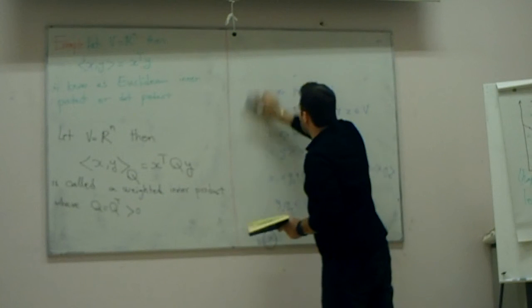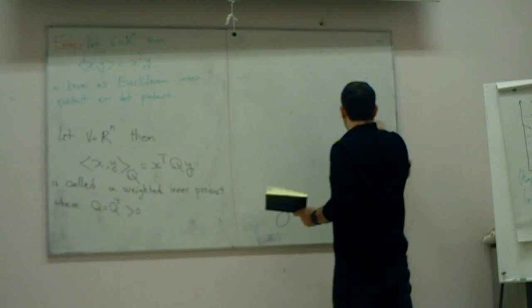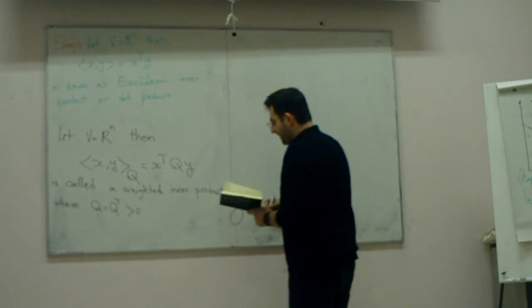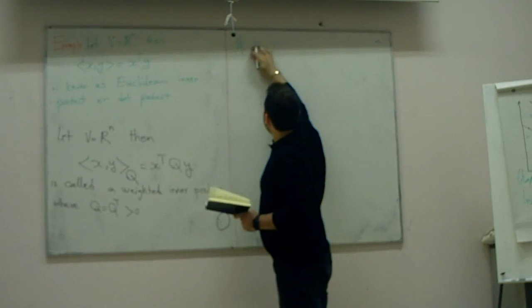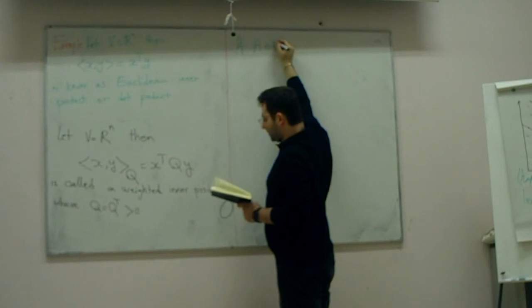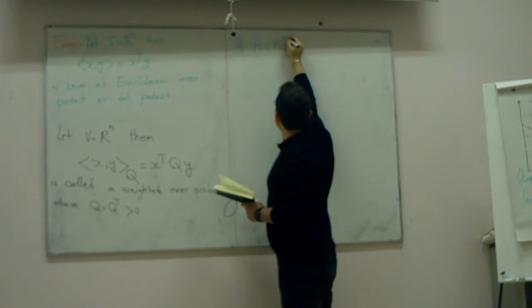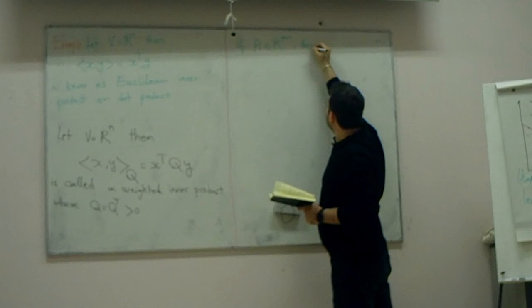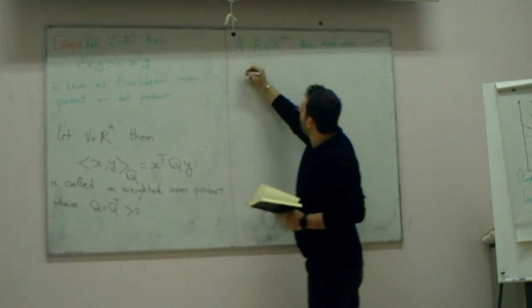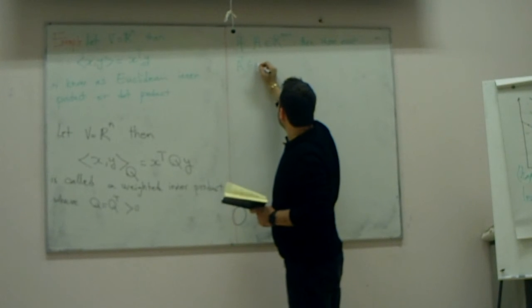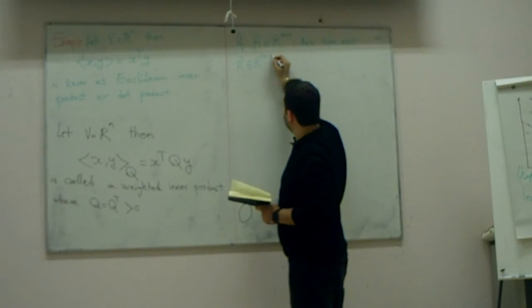In line with these ones, we can always say that if A belongs to R n by m, then there exists an A transpose belonging to R m by n.